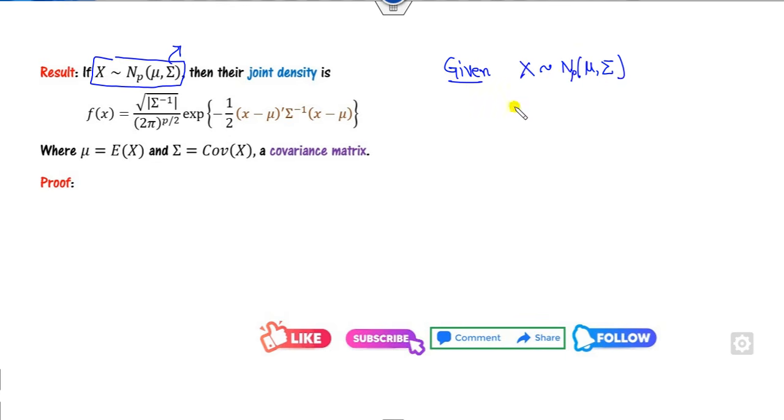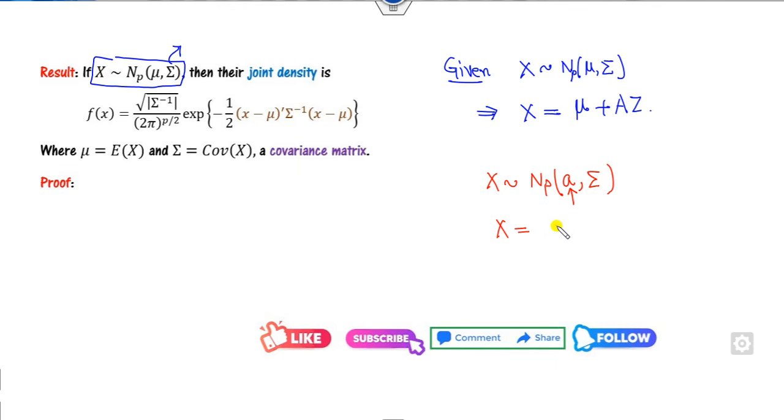What does it mean? It means X can be written as mu plus A of Z. Always remember, if I write N_p(mu, sigma), this mu is always the mean.